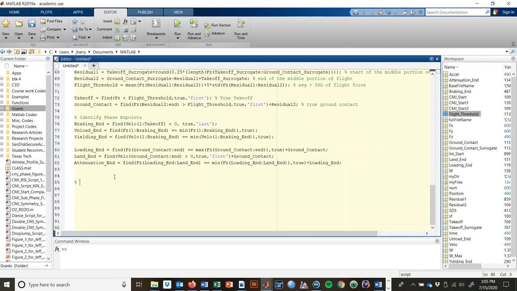All right, so now variable extraction and calculation. I like to start this sequentially for variables in order of importance. So that means we'll start off with performance variables.